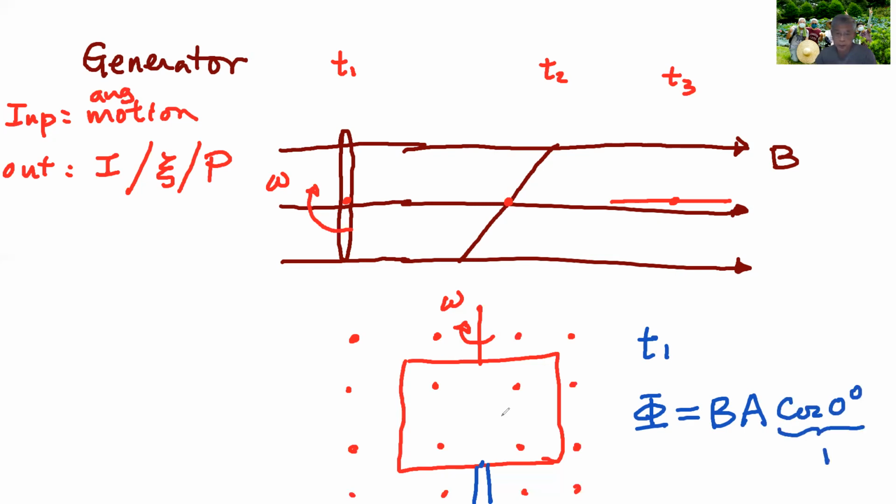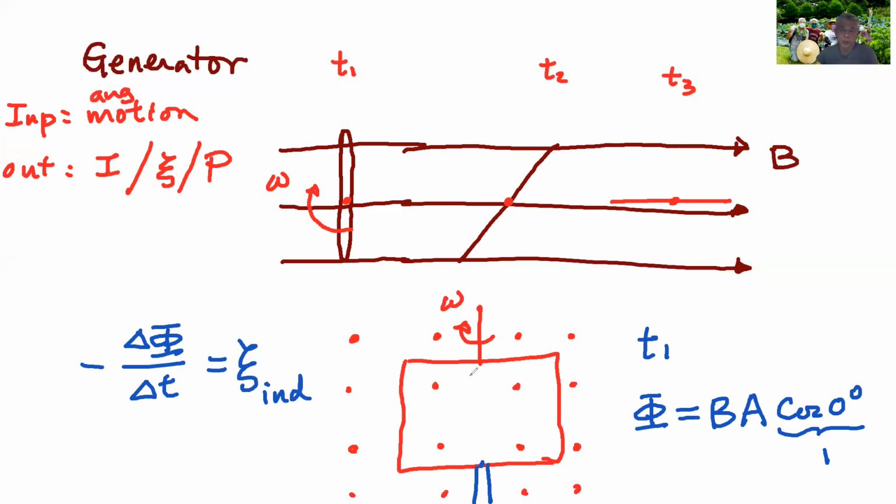As you turn this theta, it's going to change from 0 toward 90 degrees. So this flux is changing. We know if flux is changing with time, then that will give us an induced EMF. So that's what we're doing right now.